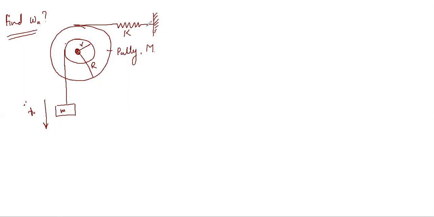Sir, k r square upon m r square plus I, under root. Okay, the answer is k capital R square upon m r square plus I. Okay, this is small m.